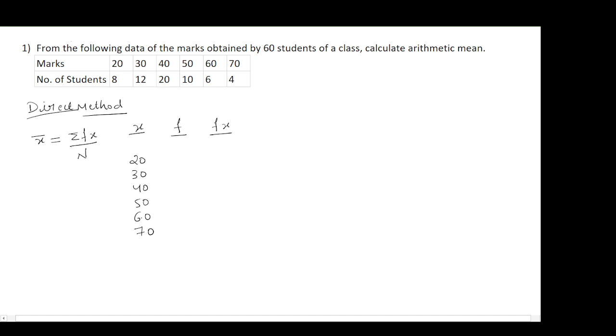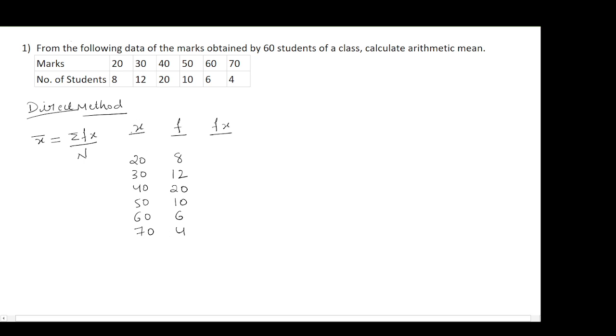These are the marks scored by 60 students of a class. And frequency are nothing but your number of students. So 8 students have scored marks 20, 12 students have scored marks 30, 20 students have scored marks 40, 10 students have scored marks 50, 6 students have scored marks 60 and 4 students have scored marks 70.